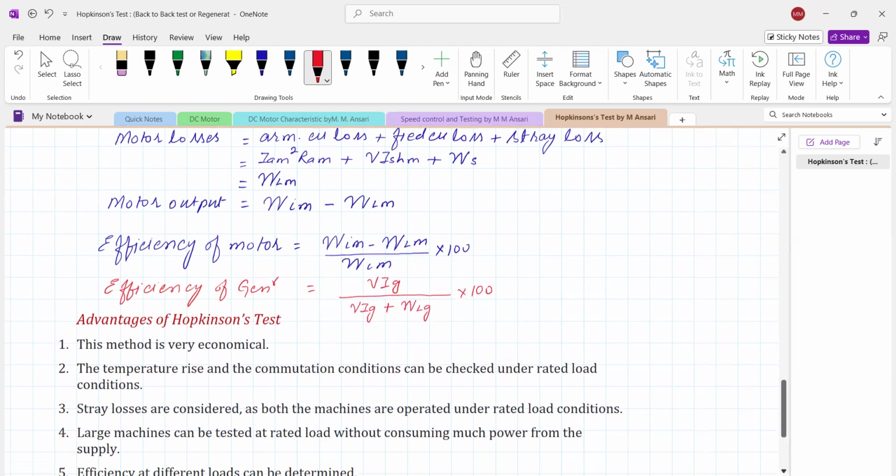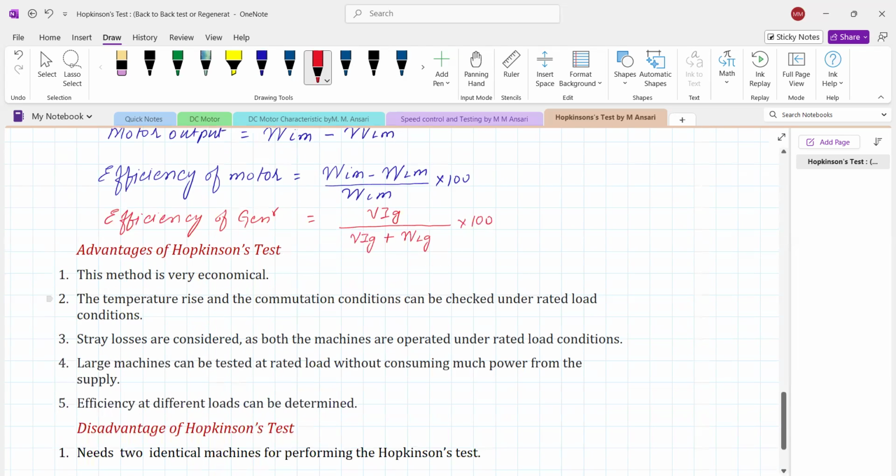Now, what are the advantages? This method is economical because the power drawn from the supply is small. Second, the temperature rise and the commutation condition can be checked under the rated load condition.